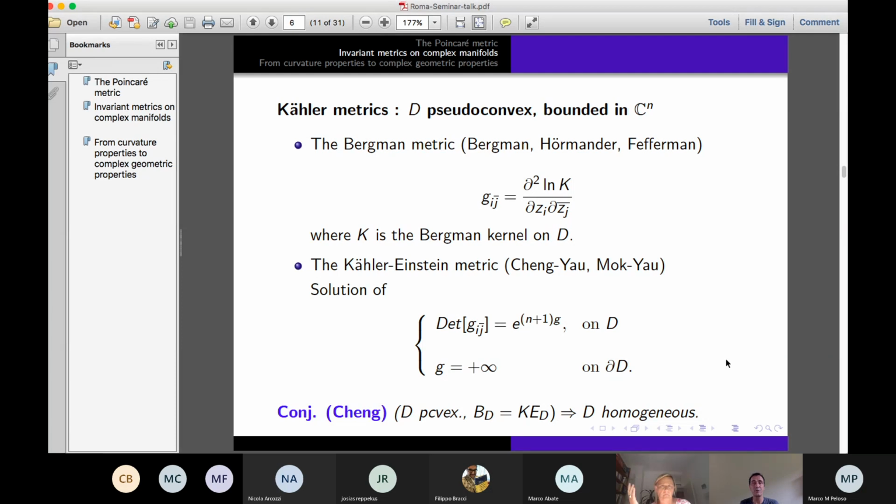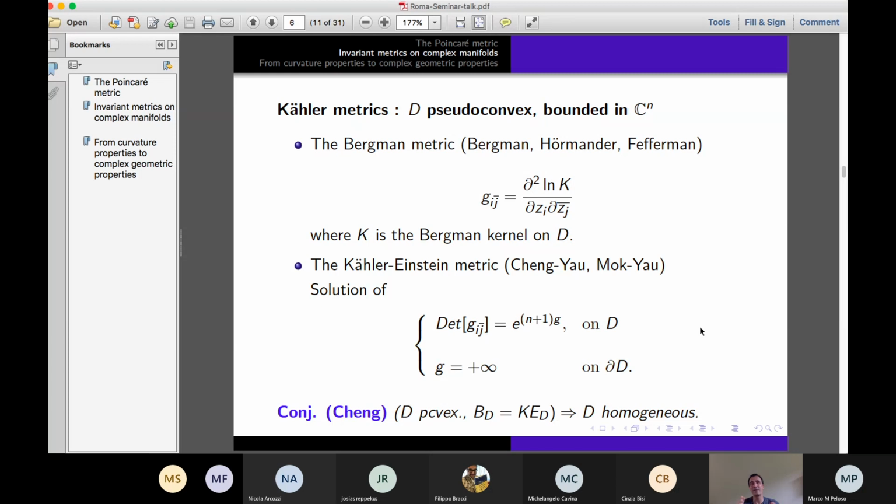So here we have two metrics. Why did I consider a pseudo-convex domain? It's because in the case of the Kähler-Einstein metric, the existence of such a metric is far from being trivial. It was proved by Cheng and Yau on strictly pseudo-convex domains.